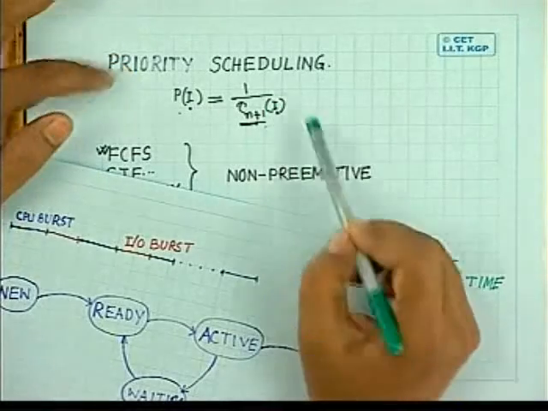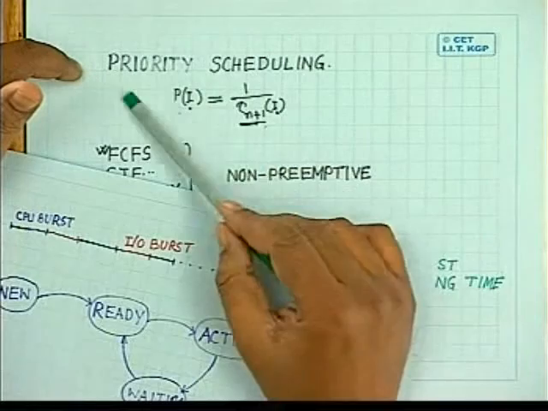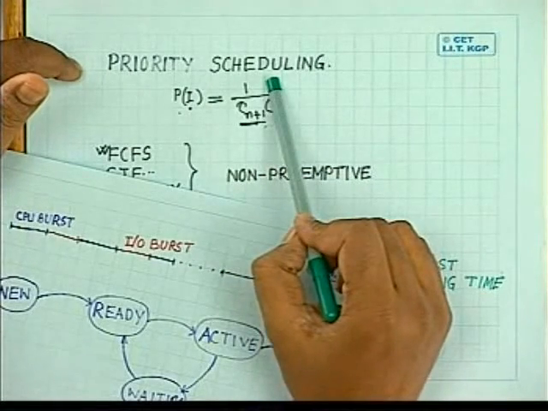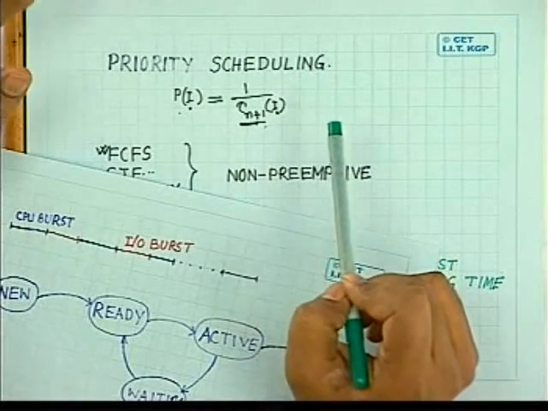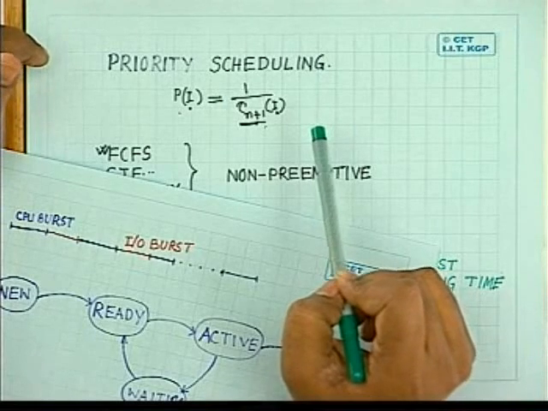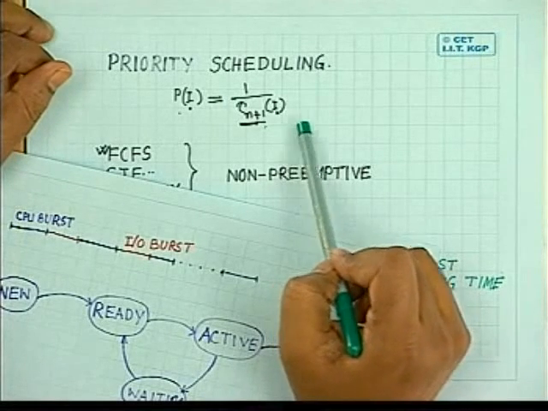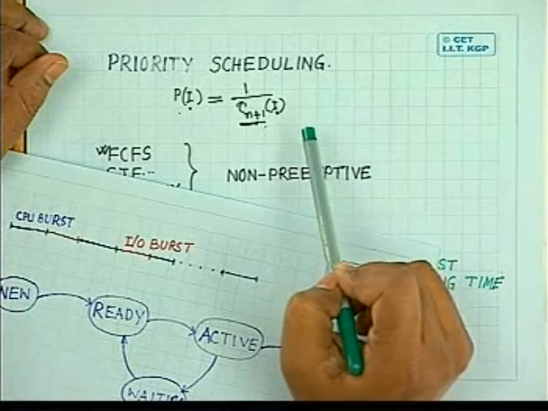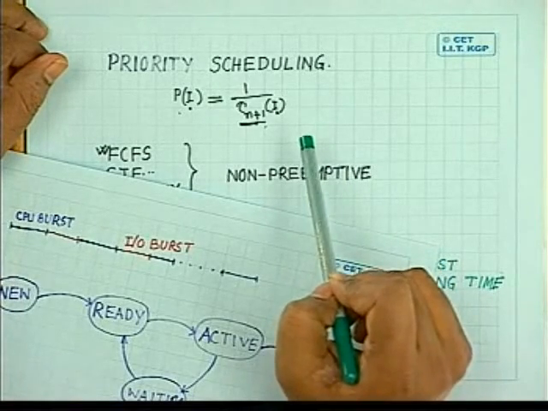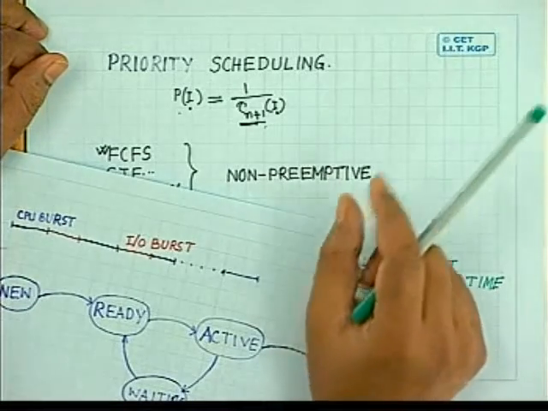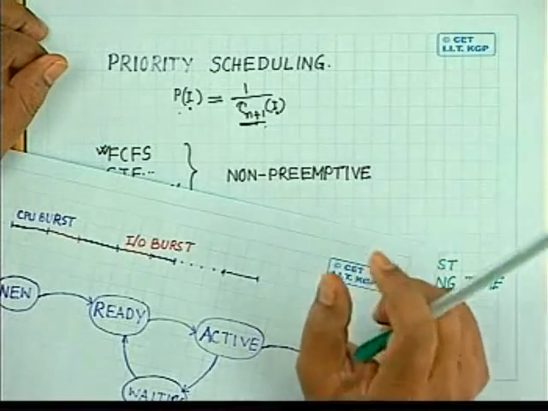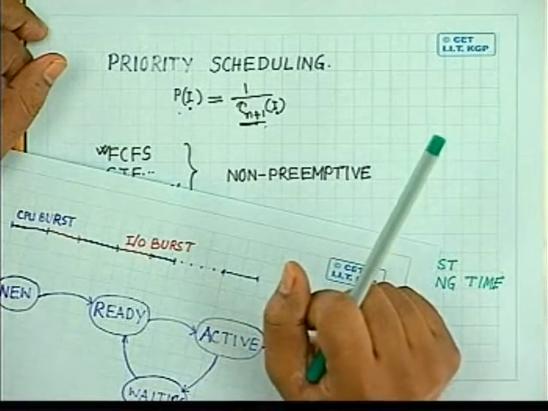So one point I didn't mention: this CPU scheduling technique has to be very, very efficient, because the CPU scheduling technique works with the CPU burst. It should not so happen that to allocate a job having a CPU burst time of 5 milliseconds, the CPU takes 6 seconds to decide that the job has to be executed.